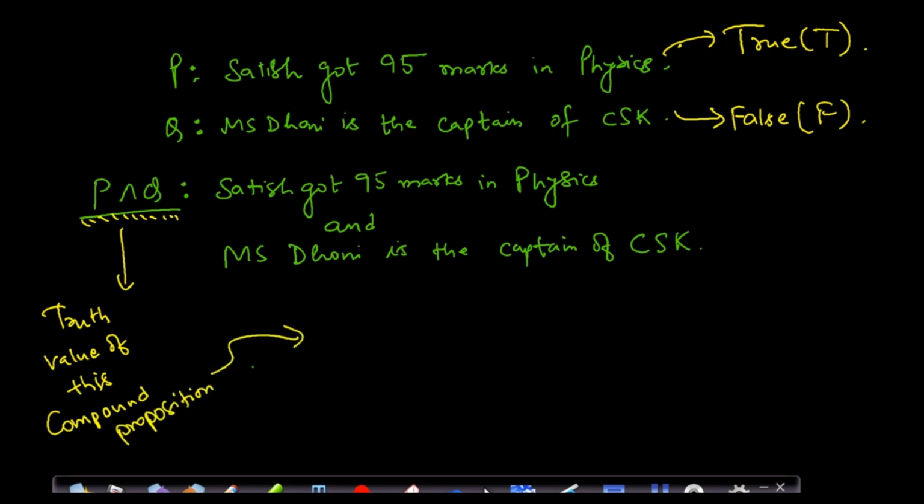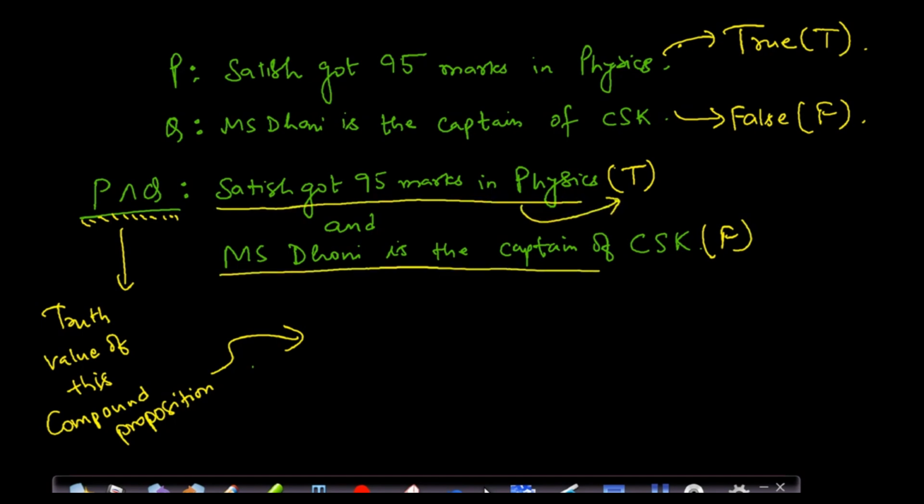This is true and this is false. So the truth value of the compound proposition would be true, false, and this is equal to false. Okay, so this is how it is.